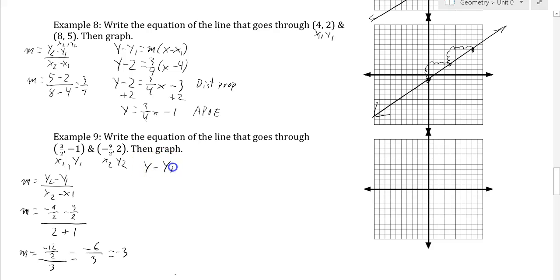Y minus y1 equals m times x minus x1. Y minus -1, x minus x1. Distributive property of equality.